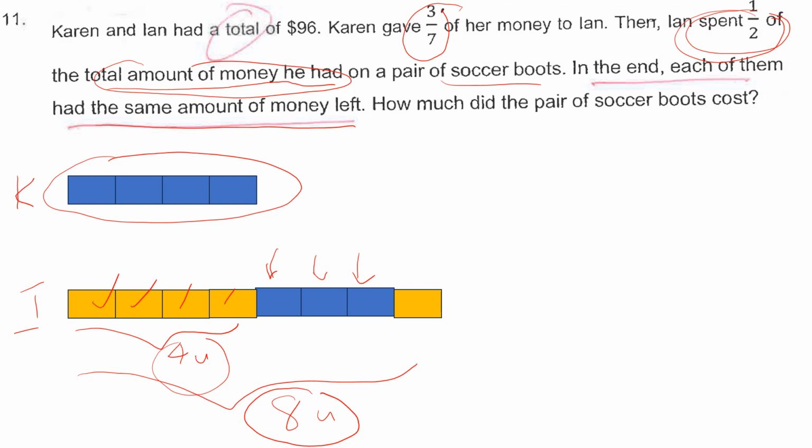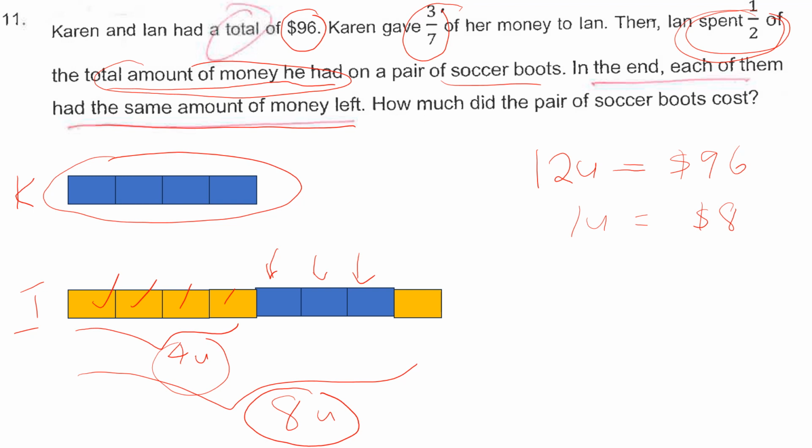They had a total of $96. So from here, how many units are there? In total, there are 12 units. Okay, 12 units is equal to $96. So 1 unit is equal to $8. You can use your calculator for this.